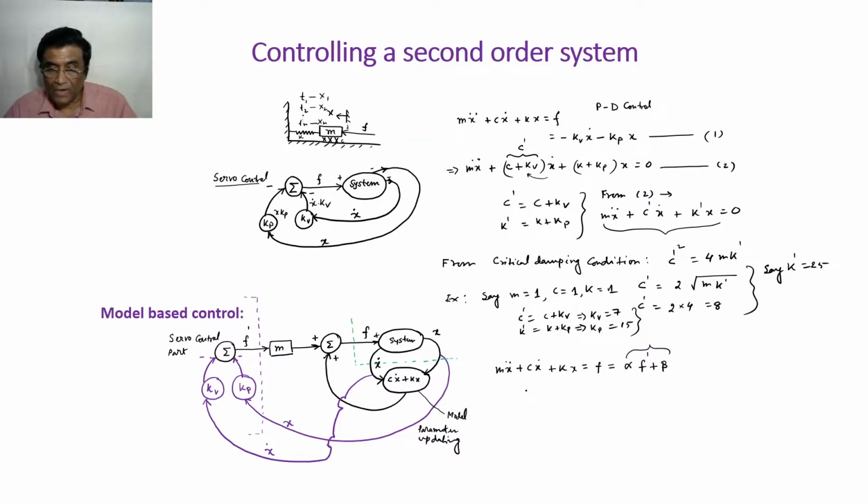Here what we want is this beta equals c x dot plus kx, and let alpha equal m. Right? So then what is my system with control?